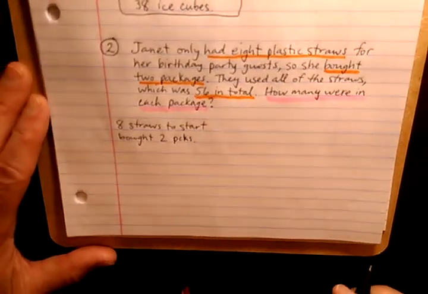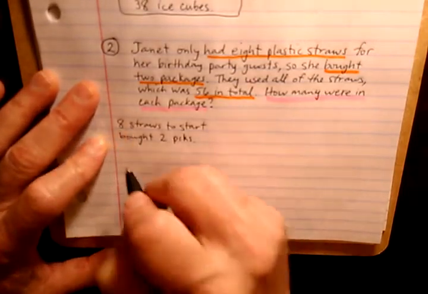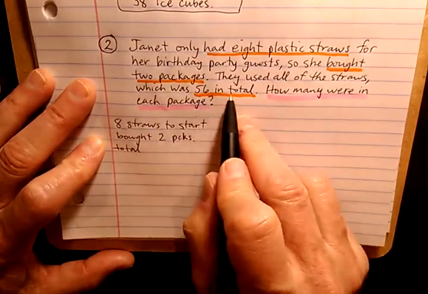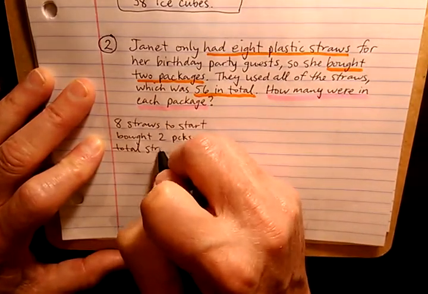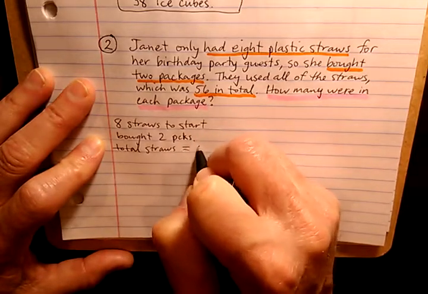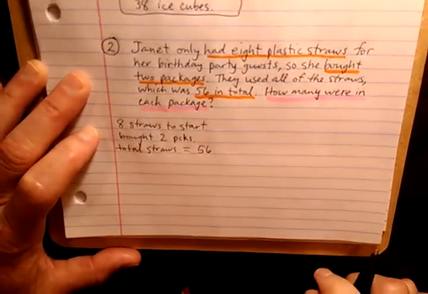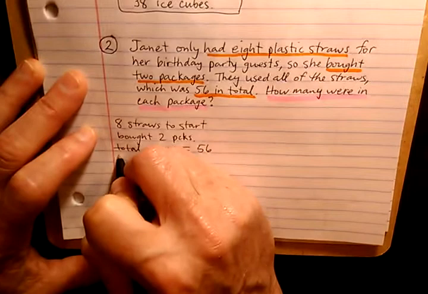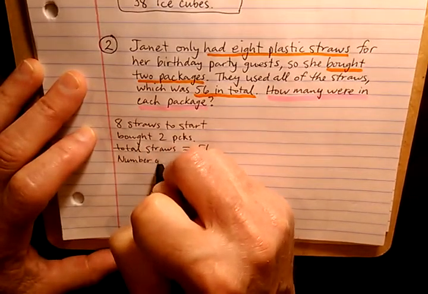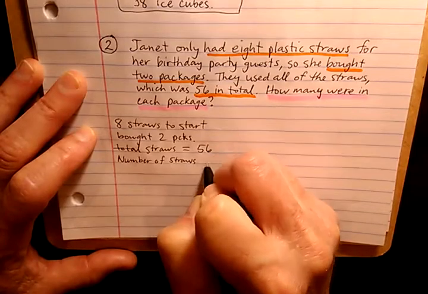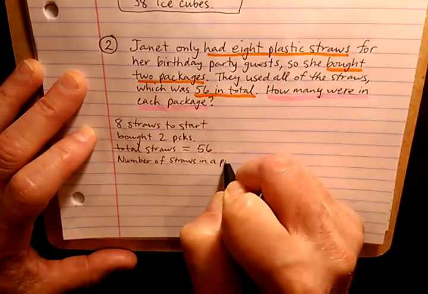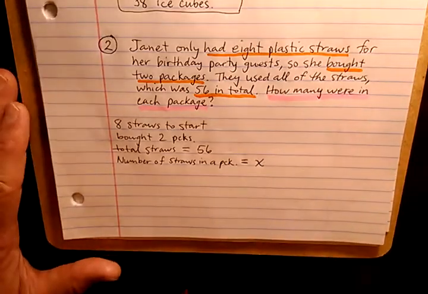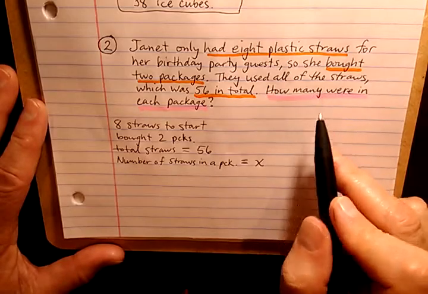She bought 2 packs, and in total there were 56, so total straws altogether equals 56. And the question, we're trying to figure out how many were in each package. So the number of straws in a pack equals X. That's the thing we don't know. We're not sure. That's what we're trying to figure out.